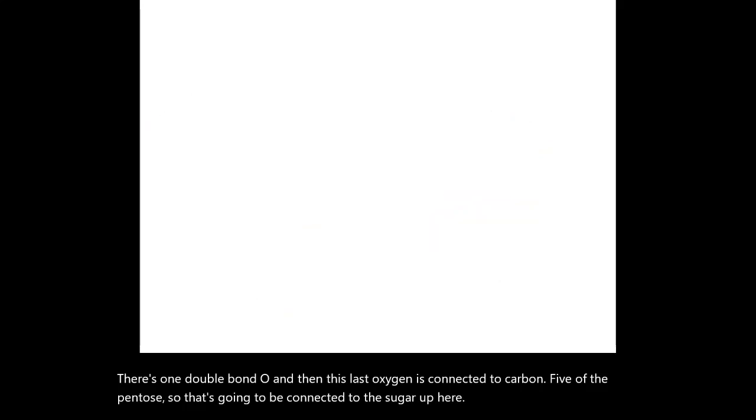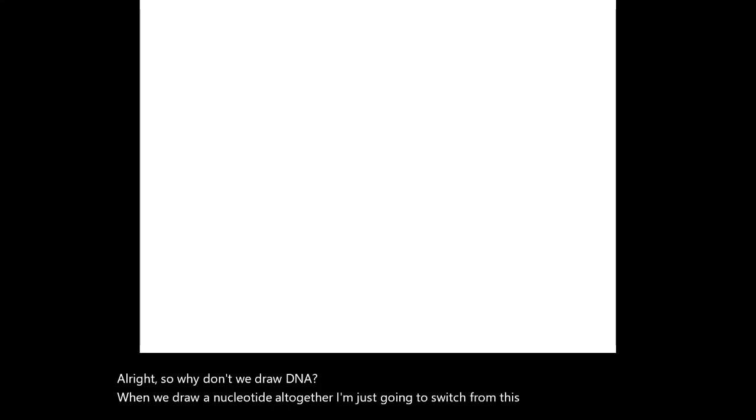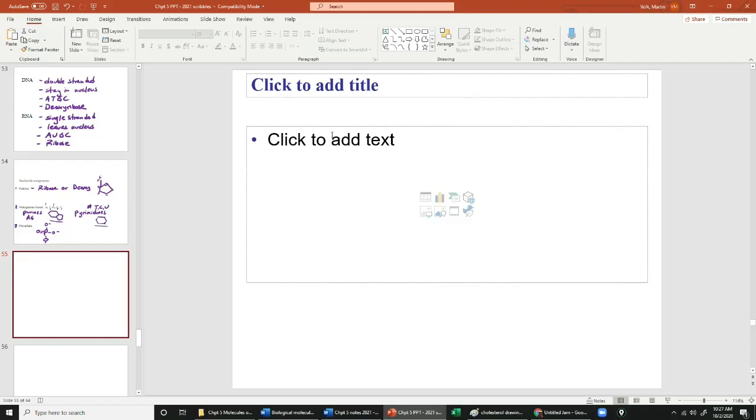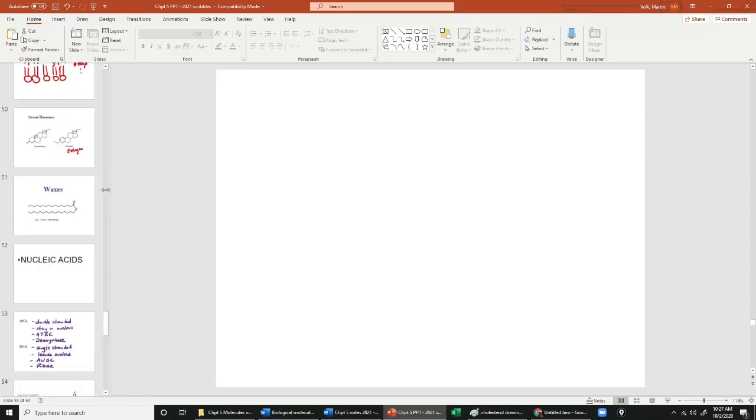All right, so why don't we draw a nucleotide altogether? I'm just going to switch from this present view because it makes a lot of lag happen in my pen, so I'm just going to exit from this. It's going to be a little smaller for you, but it's just going to work a lot better.